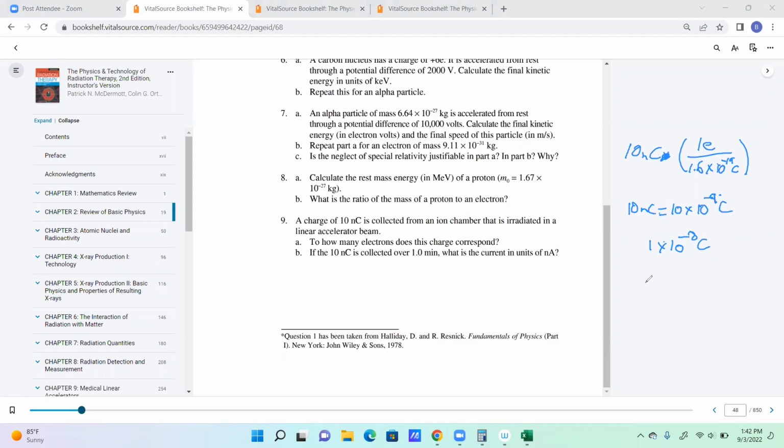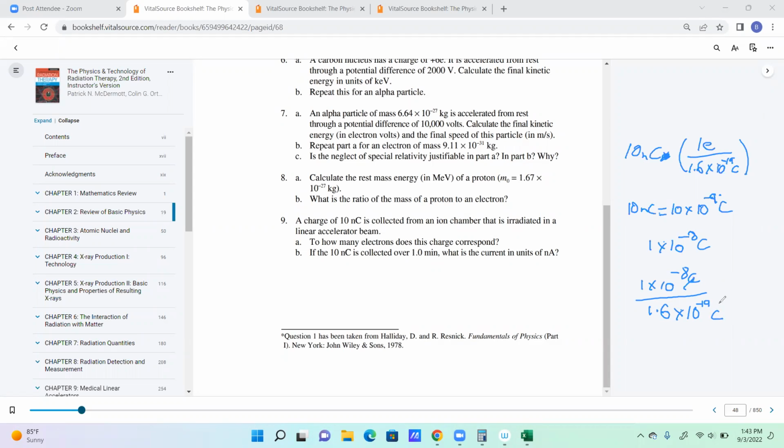So I'm going to take 1 times 10 to the minus 8th and divide that by 1.6 times 10 to the minus 19th.